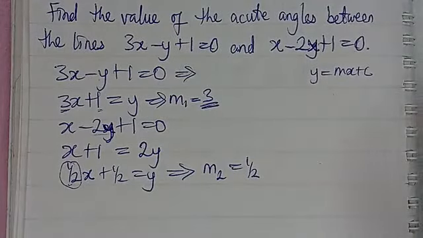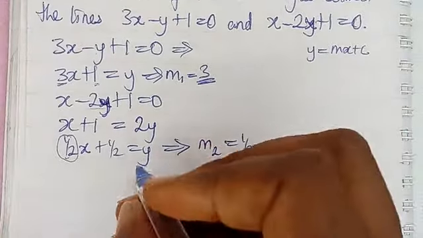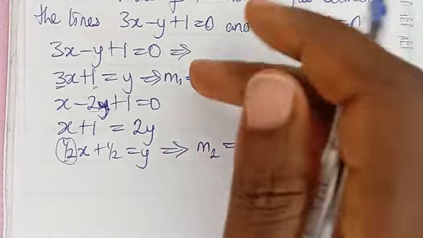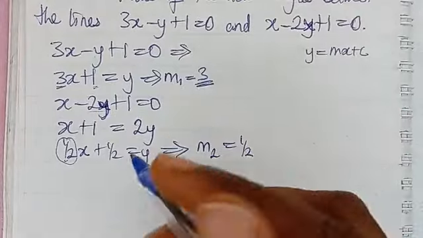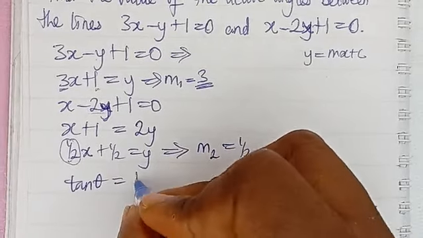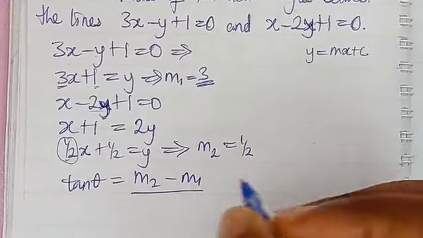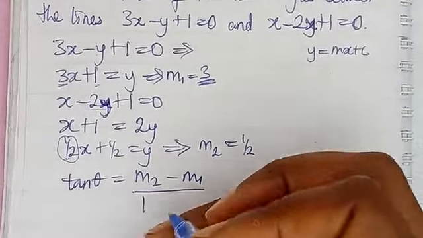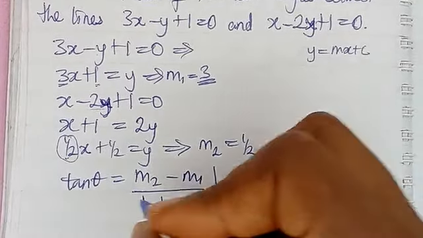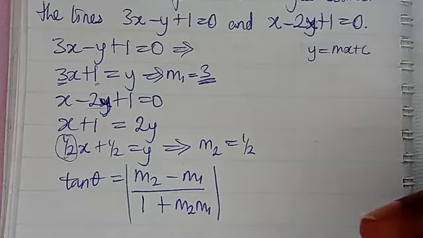Having seen this, we now write out the relationship between tan theta and the gradients of the lines. We have that tan theta is equal to m2 minus m1 over 1 plus m1 m2, and this is the absolute value, so whether it returns positive or negative, it doesn't matter.